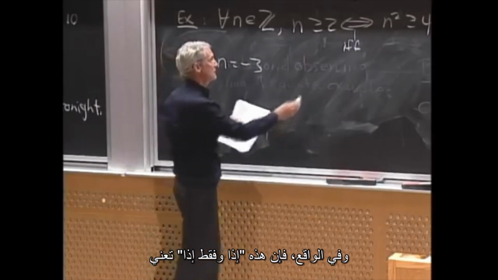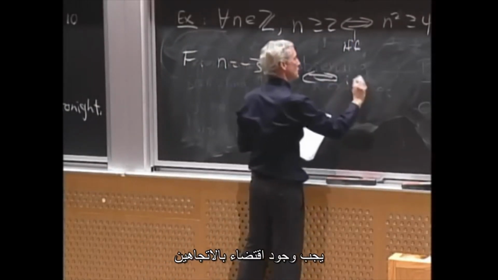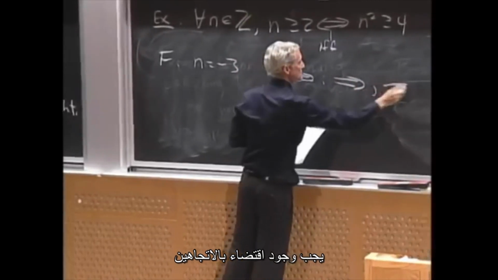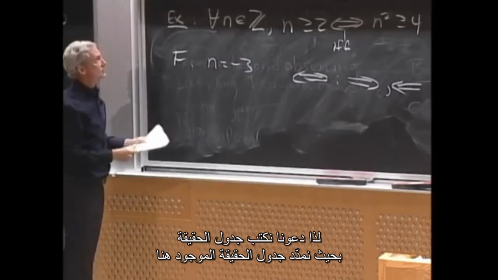And in fact, this if and only if means you have to have an implication both ways. So you got to check both ways for it. So let's do the truth table.